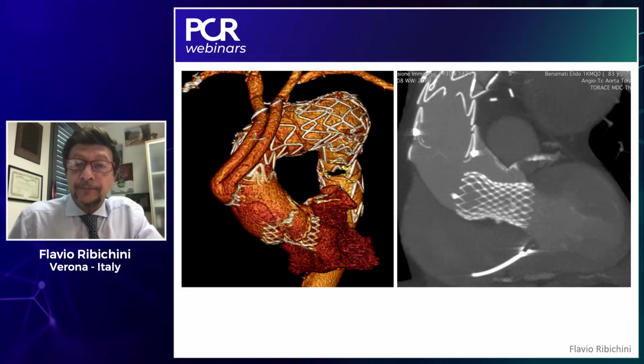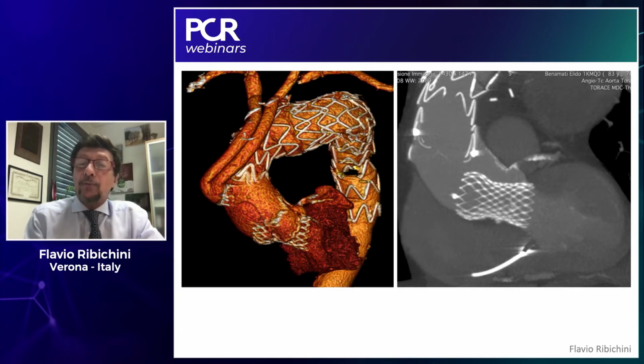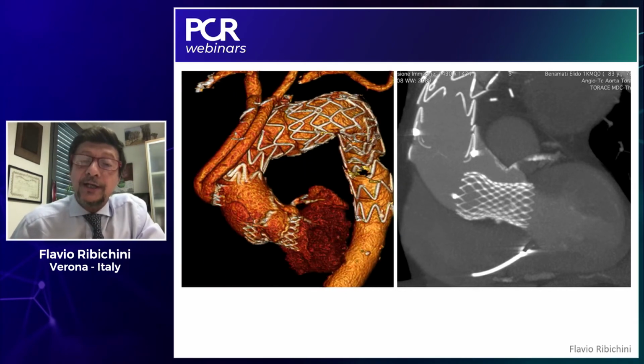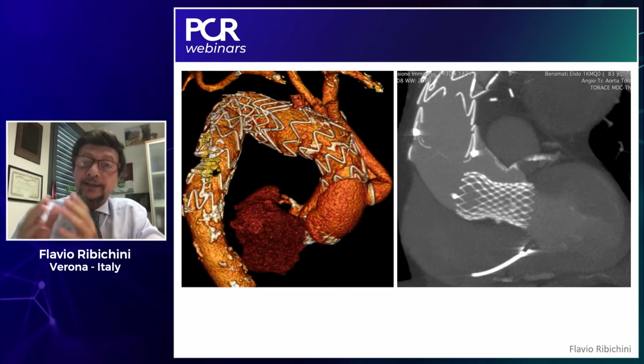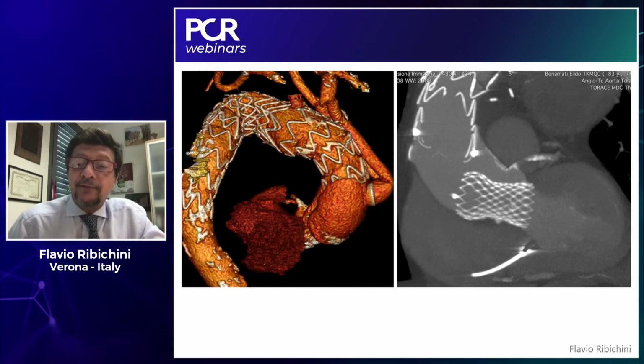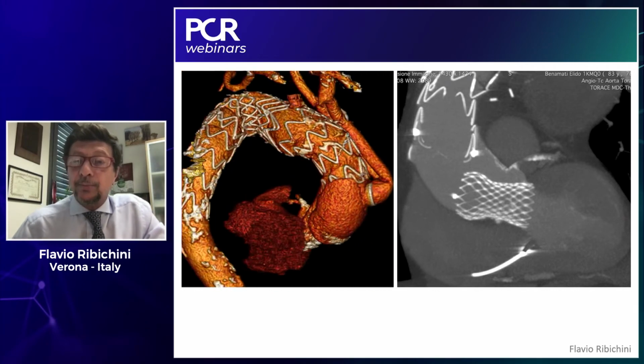Next one, please. But fortunately, this is a CT scan performed more than a year later, because the patient had also a dissection of the ascending aorta, and we wanted to make sure that the dissection was well opposed after the implantation of the valve. You see how the CoreValve is totally horizontal. It's in a good position.